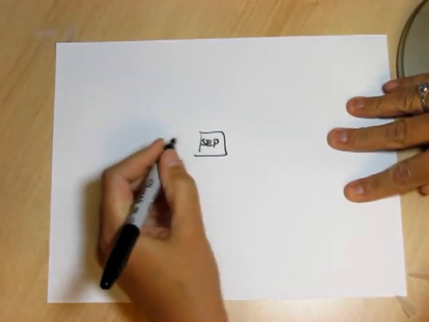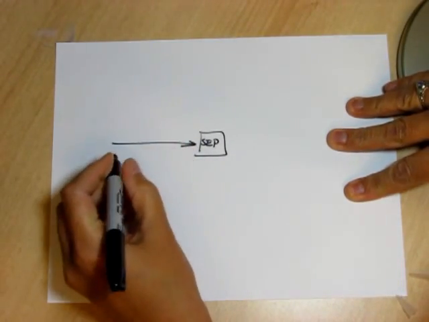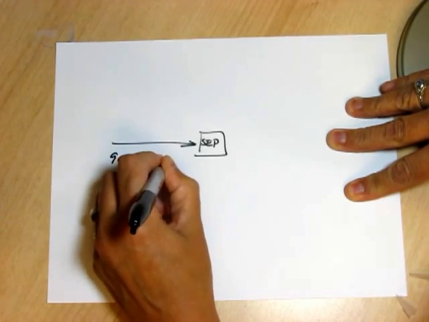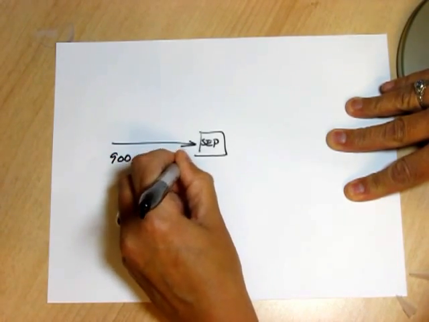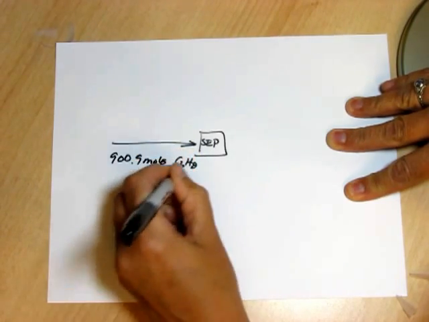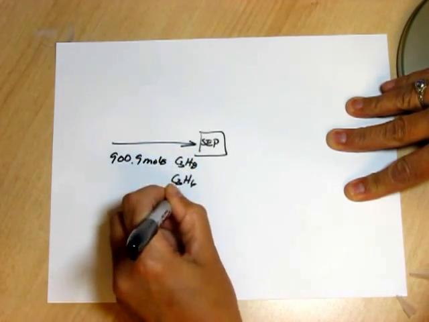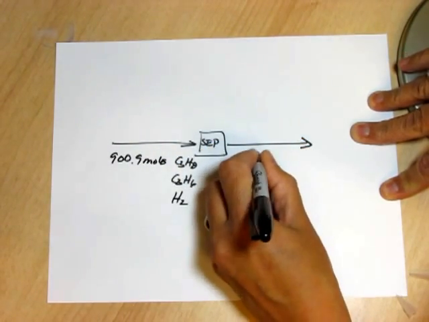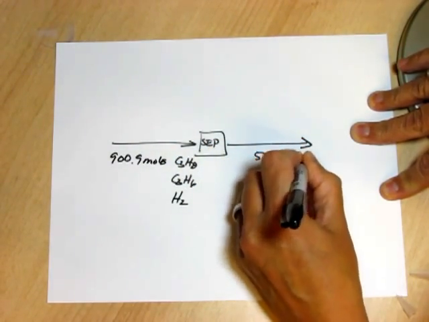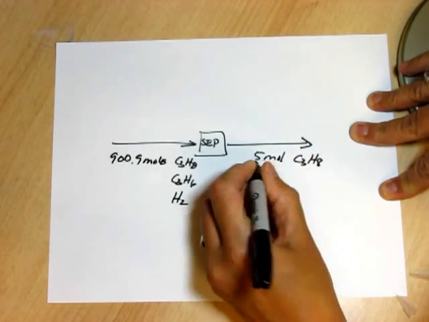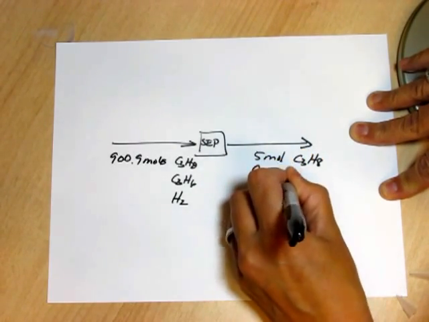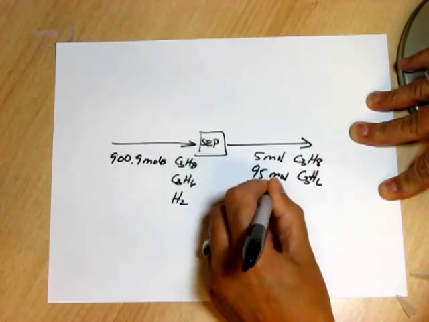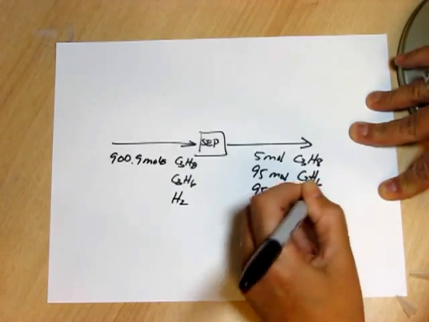We have Q1, which is 900.9 moles of C3H8. We have C3H6, and we have H2. Coming out of the separator, we have 5 moles of C3H8. We have 95 moles of C3H6, and we have 95 moles of hydrogen.